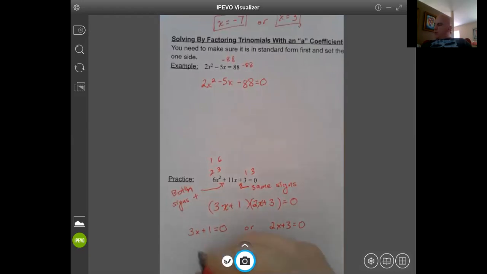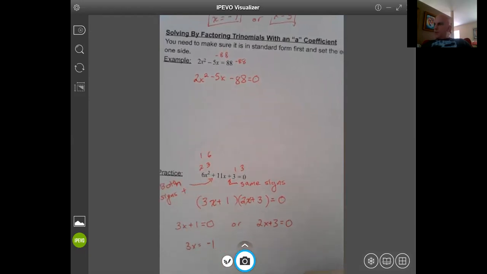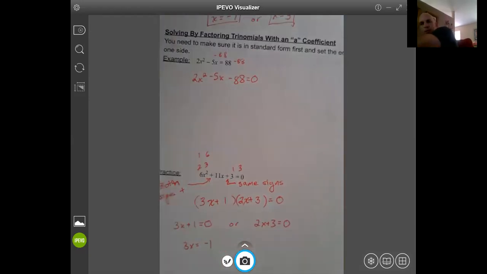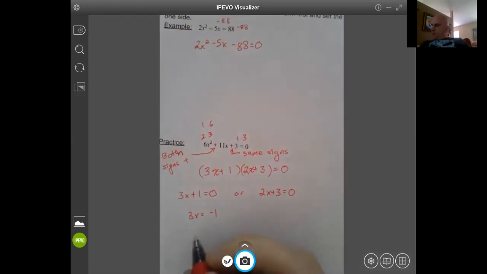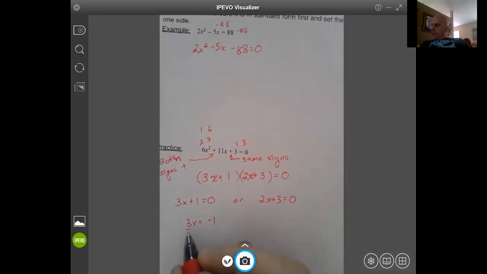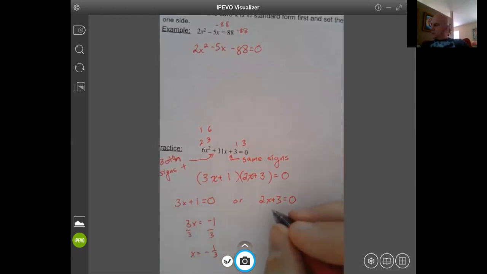I'm going to subtract 1 and get 3x equals -1 on this side. And then let me just move this camera down so we can see a little bit more down here. So then we're going to divide by 3. So here x is equal to -1/3. All right, don't change that to a decimal, just leave it as a fraction, it's easier.